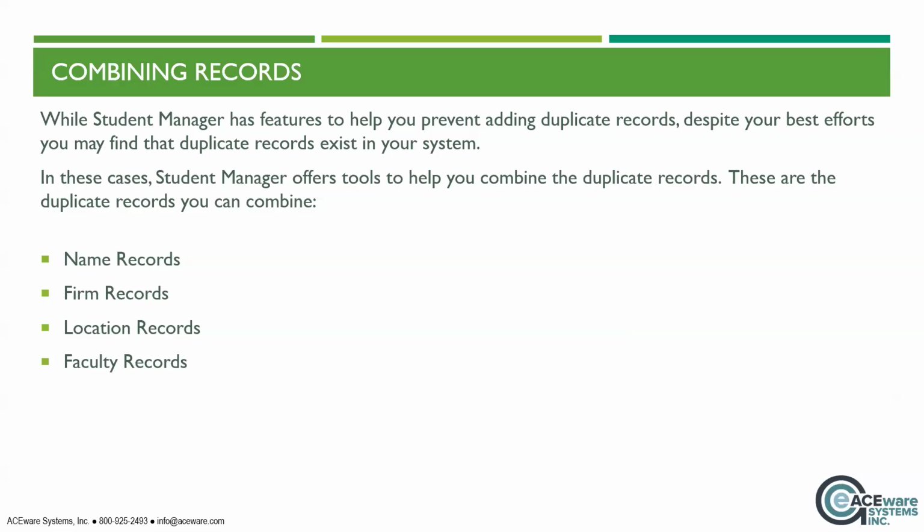Either someone forgot their password and they're impatient, so they just use a different email address, or they didn't remember that they had an account, and they start another email address, or they change their name and the records aren't finding them. So, many reasons that you would have duplicate records, and you can combine any duplicates in the names, firms, location, or faculty records.